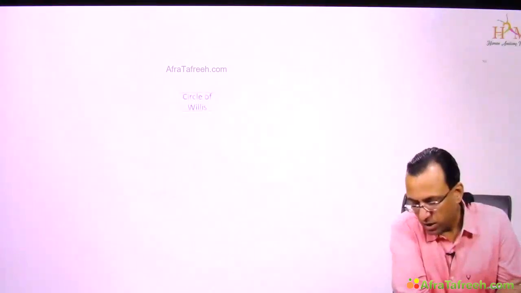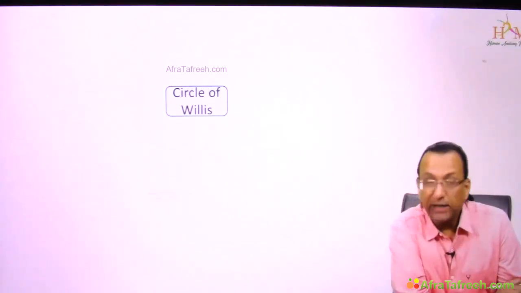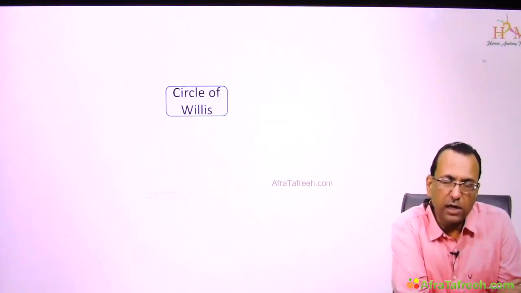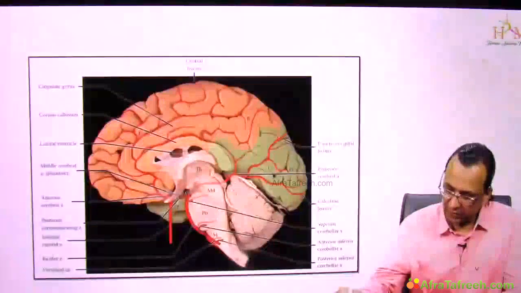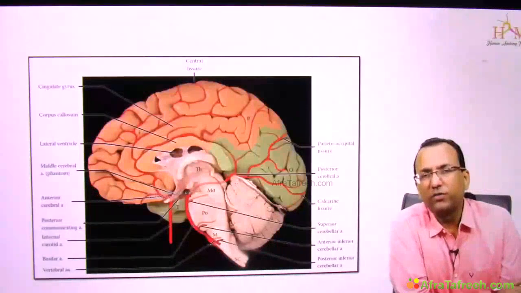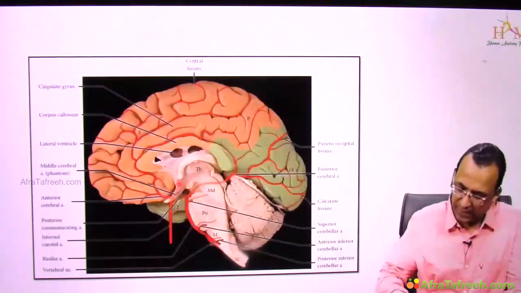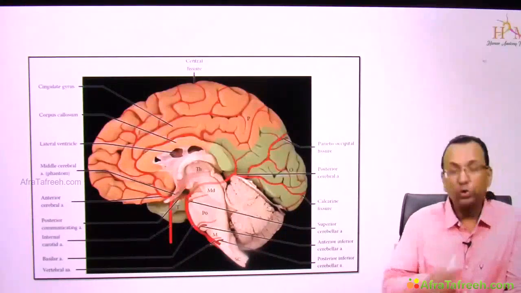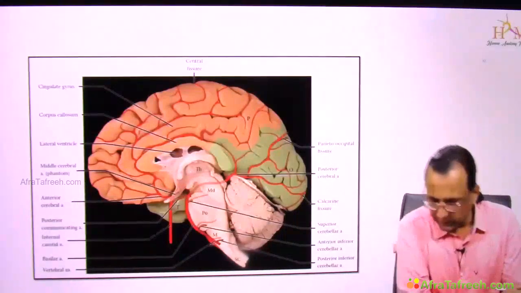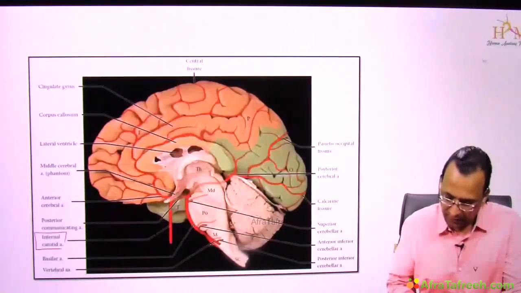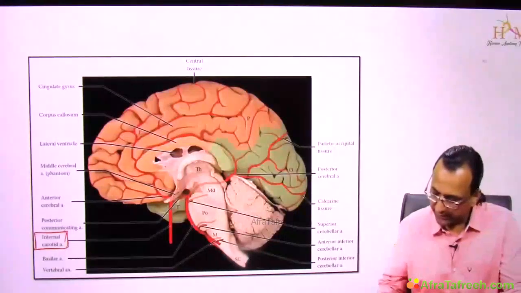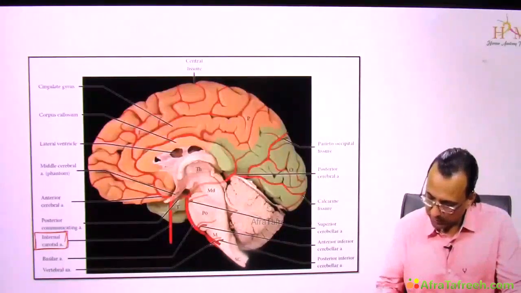Okay, let us now look at the details of the circle of Willis. You will see this circle of Willis is at the base of the brain, and it is contributed by two arteries. The anterior artery is the internal carotid artery and the posterior artery is the vertebral artery.